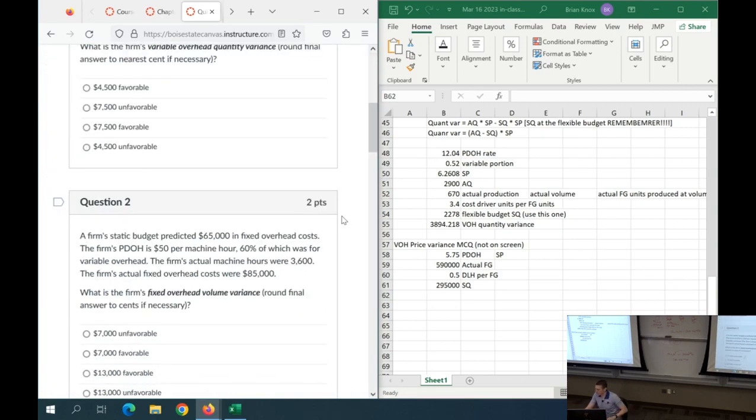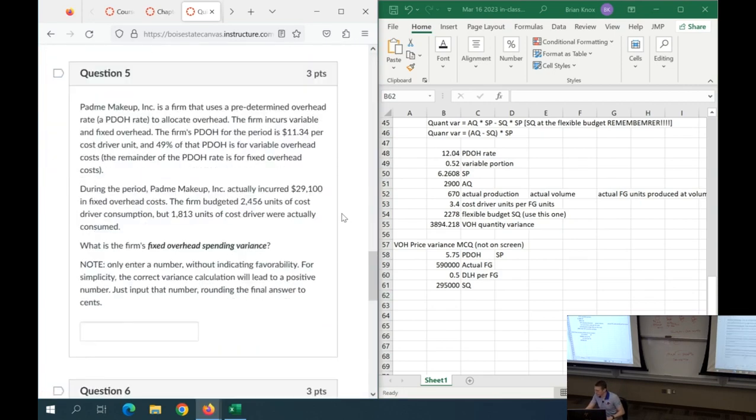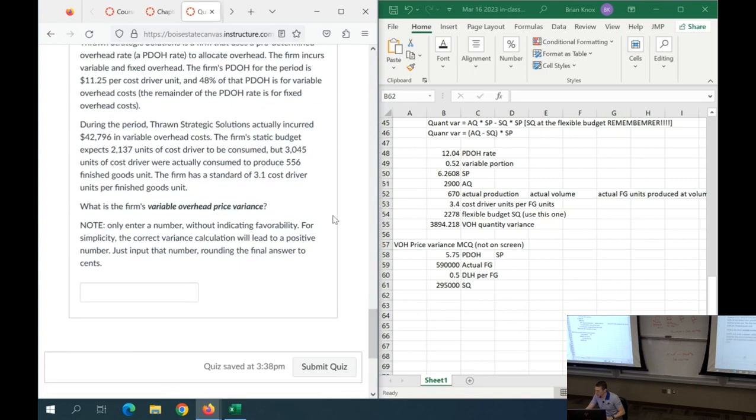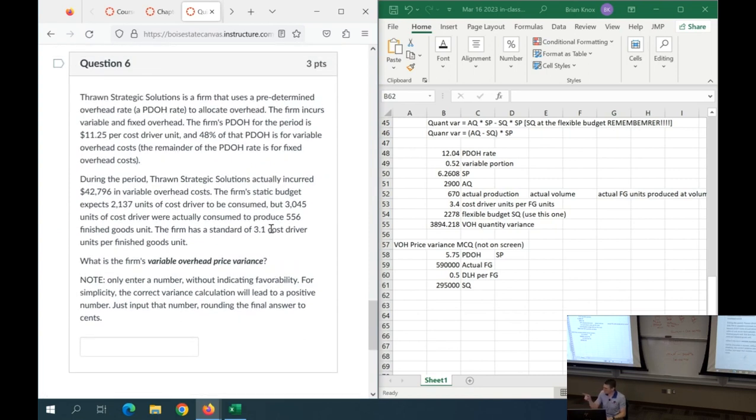All right, and we'll make sure we get some variable overhead price variance open answer right here. Is that good? Okay. So Thrawn Strategic Solutions is a firm that uses a predetermined overhead rate to allocate overhead. This is the Thrawn variable overhead price variance question.